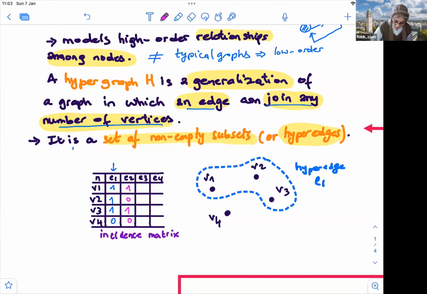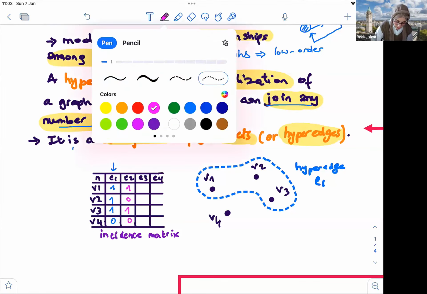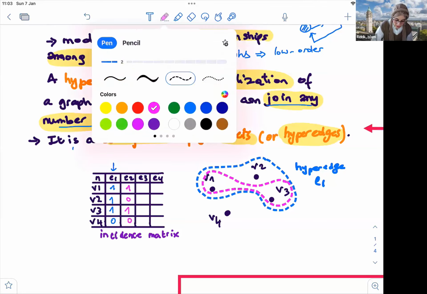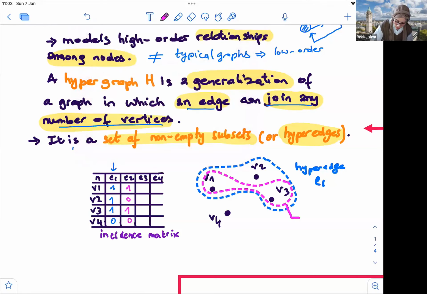So I'm going to use the same V1 and V3. You can see that this set right here is a subset of hyperedge 1. So hyperedge 2, E2, actually belongs to E1. And you can see it here because you have the overlap. So you can easily figure out that E2 belongs to E1.